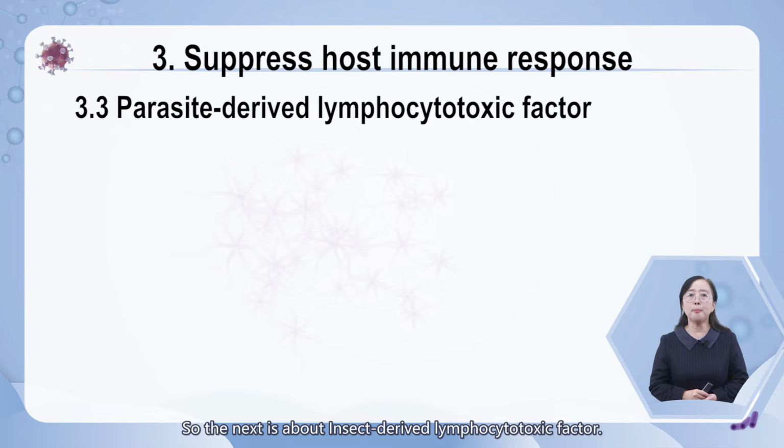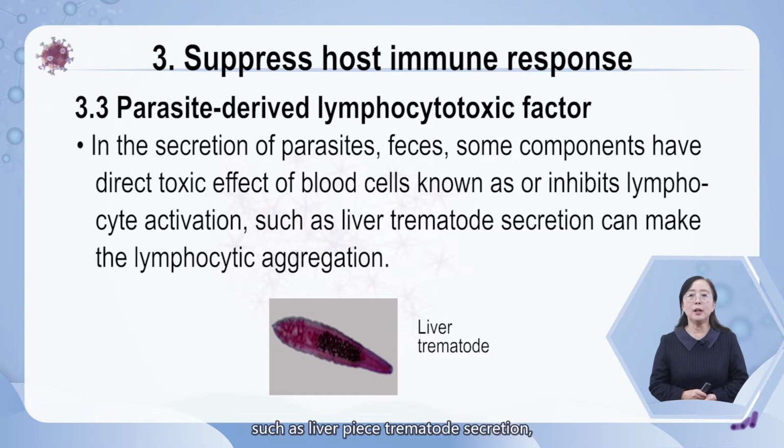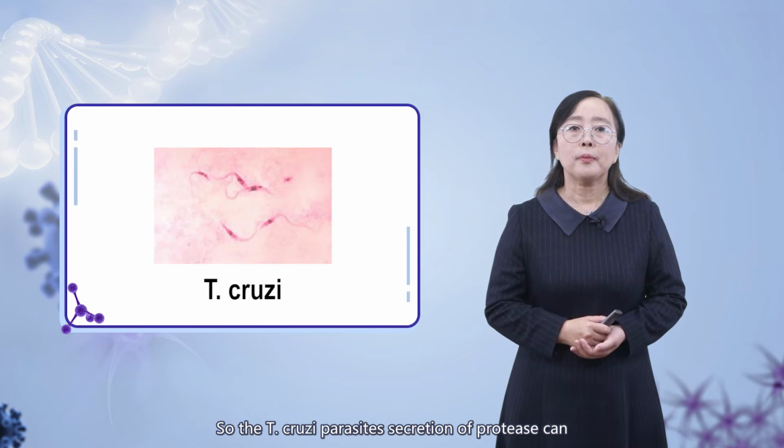The next is about parasite-derived lymphocytotoxic factor. In the secretions of parasites, some components have a direct toxic effect on blood cells or inhibit lymphocyte activation, such as secretions of trematodes, which can cause lymphocyte aggregation.